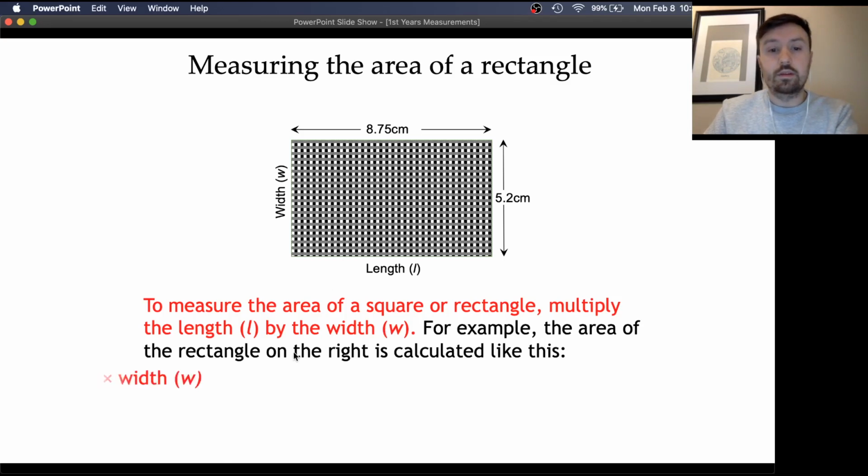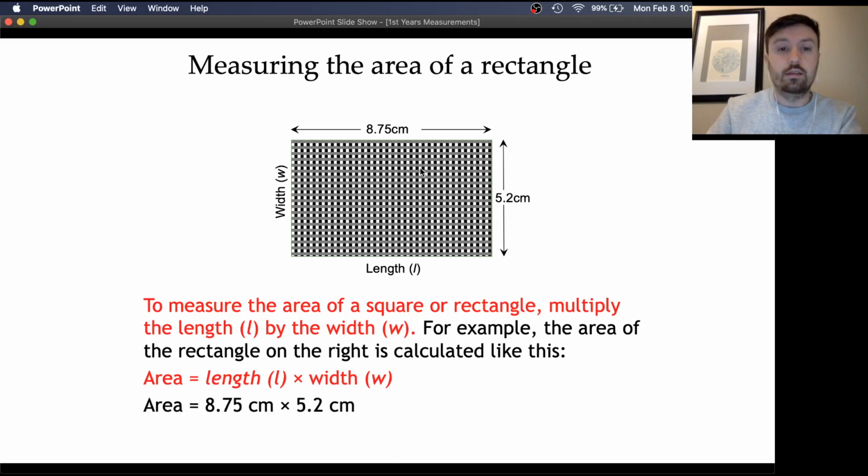And for example, if we were to calculate this, you have your formula here, area equals length multiplied by the width. Use your calculator for this. So we just take the numbers that are given here. The length is 8.75 centimeters multiplied by the width, which is 5.2 centimeters, and that gives us 45.5 centimeters.